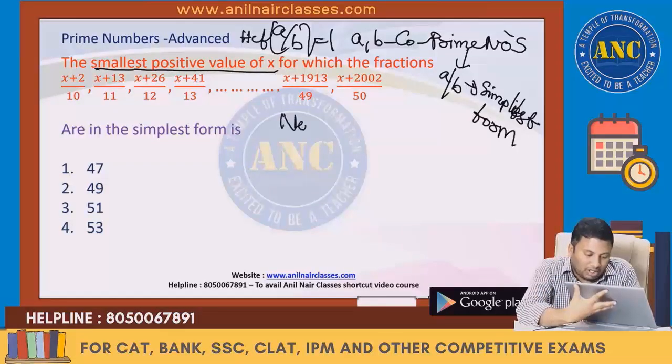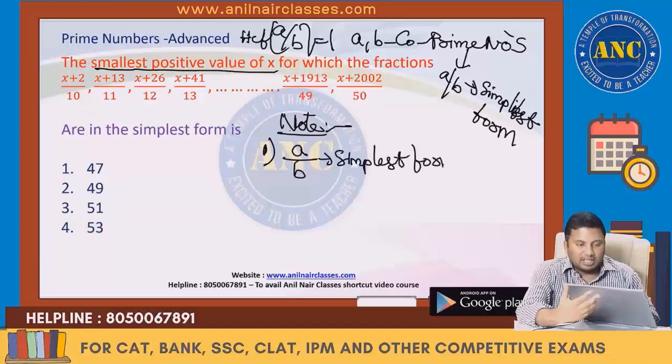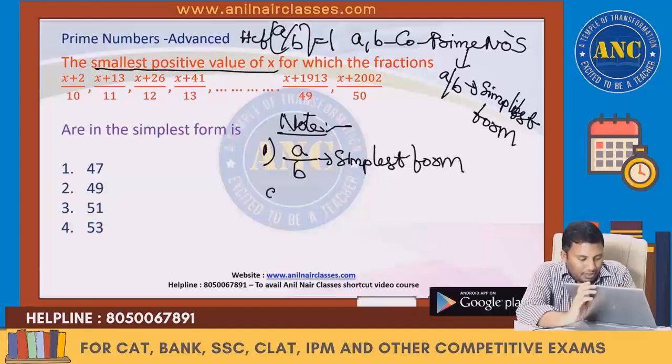First make a note of it. Unless you understand the definition, it will be difficult. If a by b is in its simplest form, can I say that a cannot be a factor of or a multiple of b?